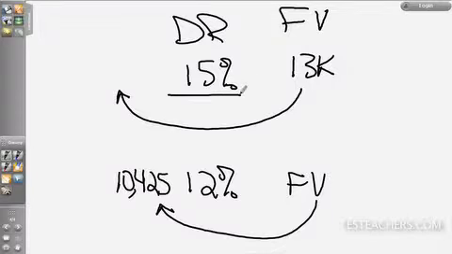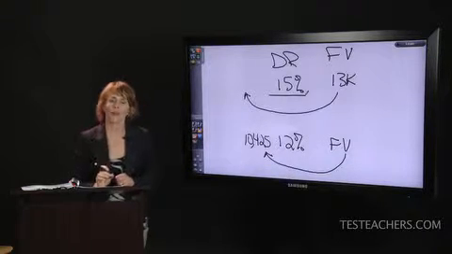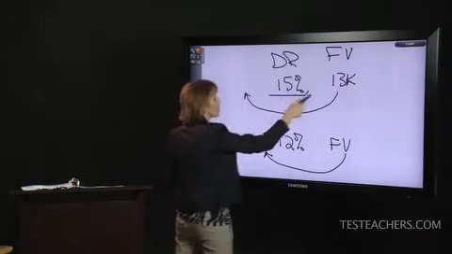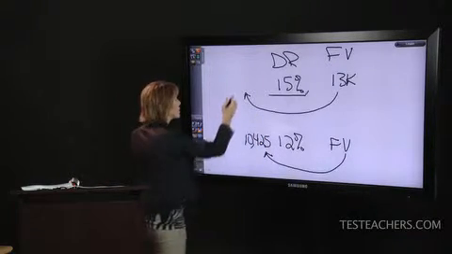If you have a higher than 12% discount rate, what's the present value of the $13,000 going to be? Is it going to be more or less than $10,425? It has to be less, because we said the higher the discount rate used, the lower the net present value.